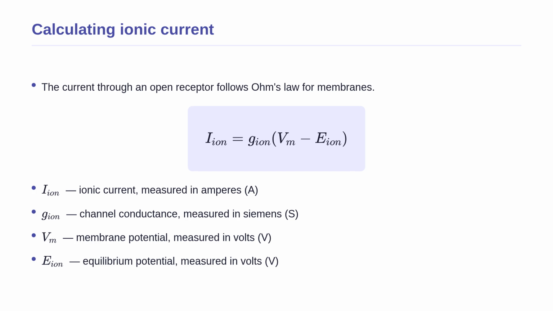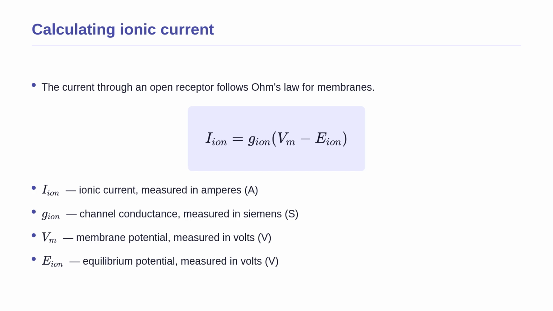I_ion represents the electrical current of the specific ion flowing through the channel, measured in amperes. The symbol G_ion represents the conductance, which tells us how easily ions can pass through the open channel, measured in Siemens. Vm is the current membrane potential of the neuron, and E_ion is the equilibrium potential for that specific ion, both in volts.